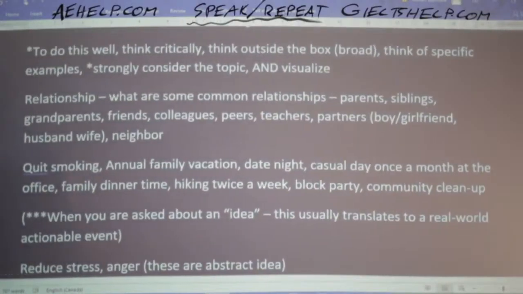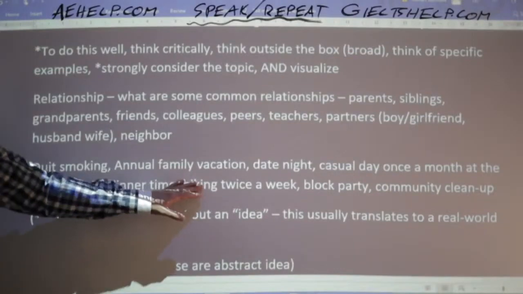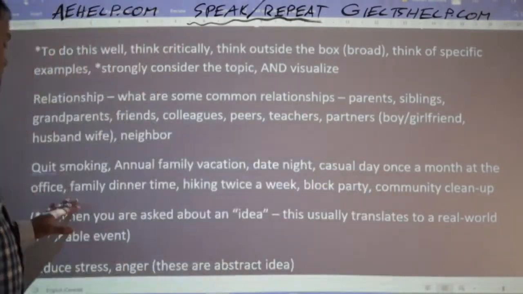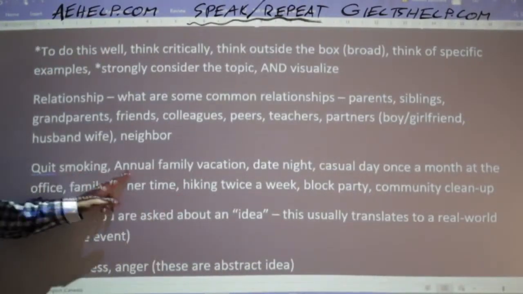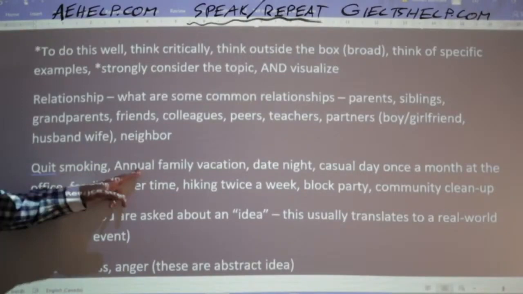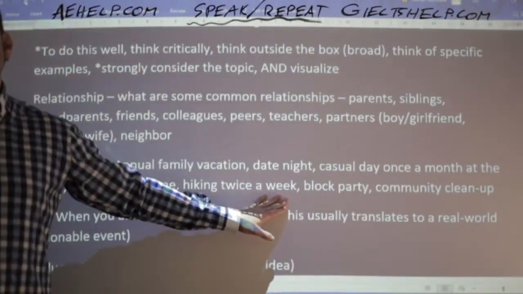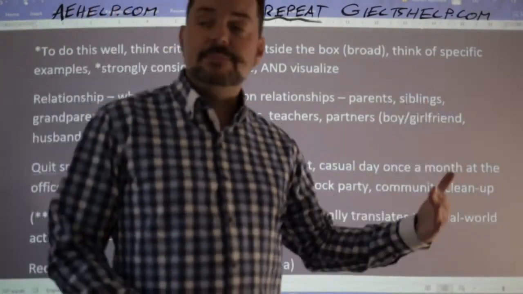Think about these other ideas that we were thinking of. So, annual family vacation, date night, casual day at the office, family dinner time. You can see an example of that on our YouTube channel with a candidate. Community cleanup, hiking twice a week with a sibling. Okay, so try it with some of those. Go through the same steps.